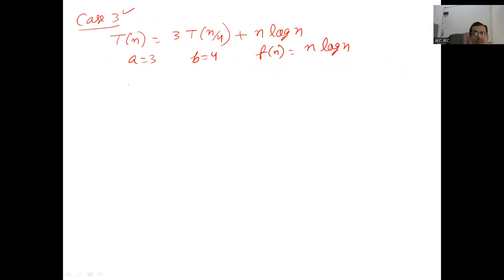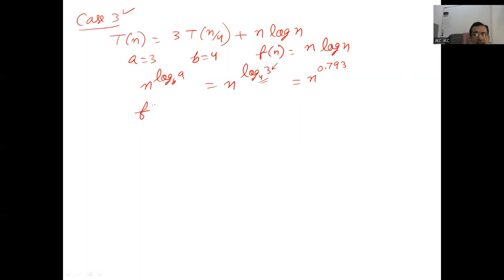If I calculate n power log_b a, that will be n power log base 4 of 3. The exact value is approximately 0.793, about 0.8, so it is less than 1.